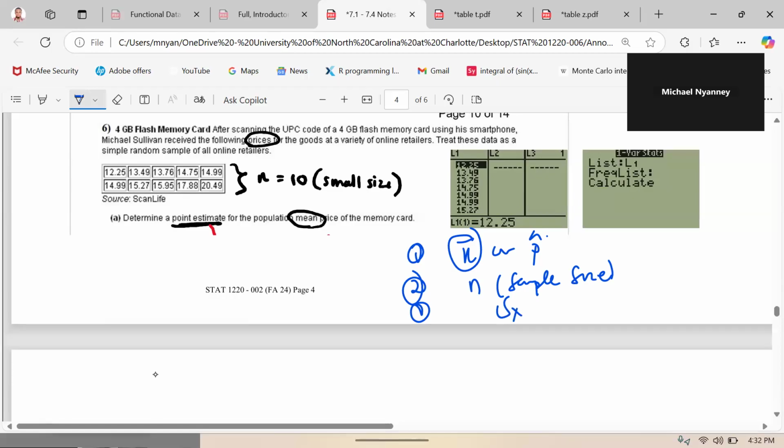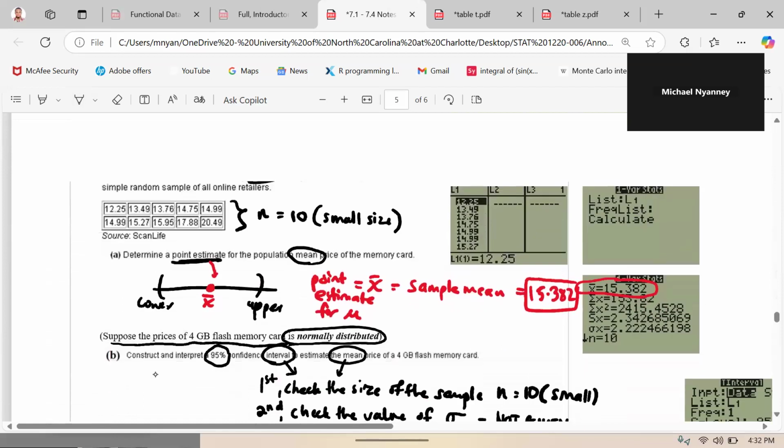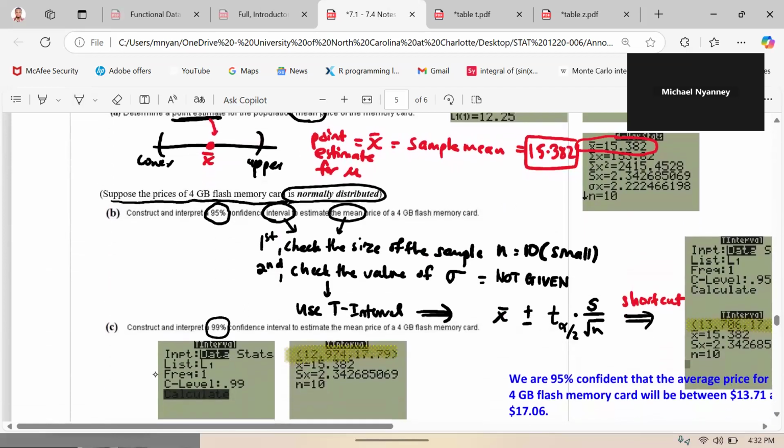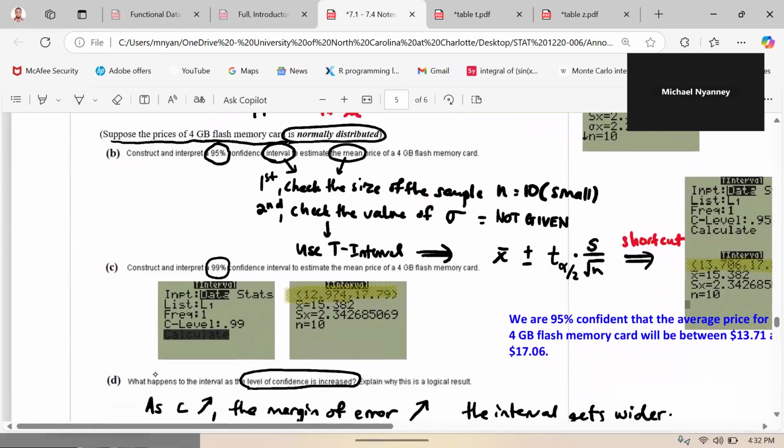Okay, if you know this, it's just the same as provided. We know how to get the x-bar and s using our list functions. You can use your calculator to get them, and then you are good to go. So that is what we did. Then we constructed our confidence interval.